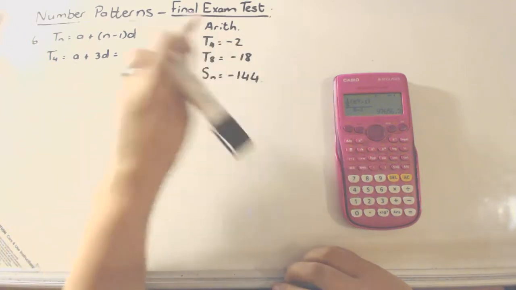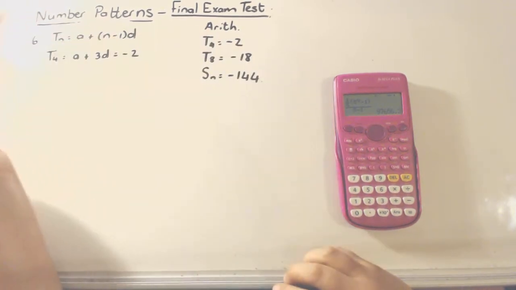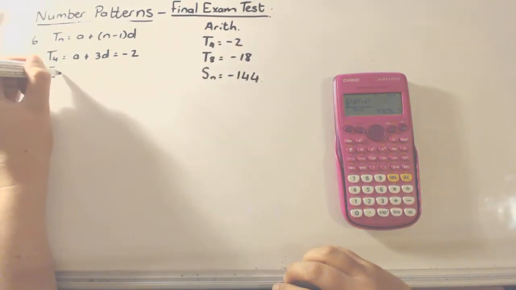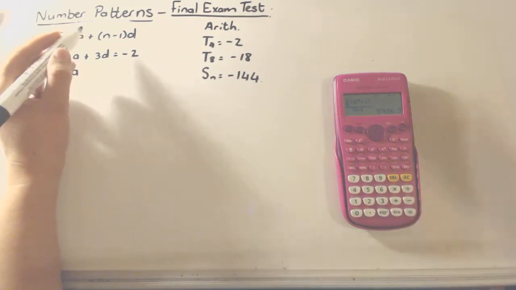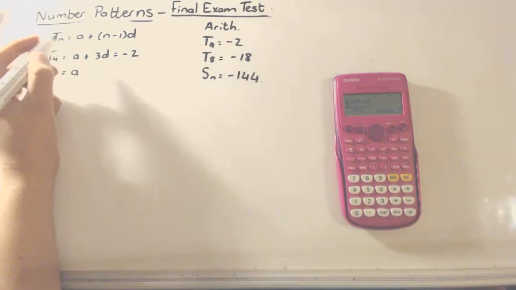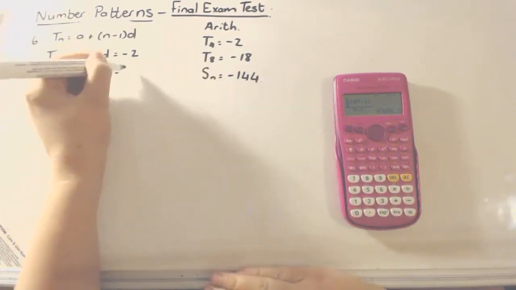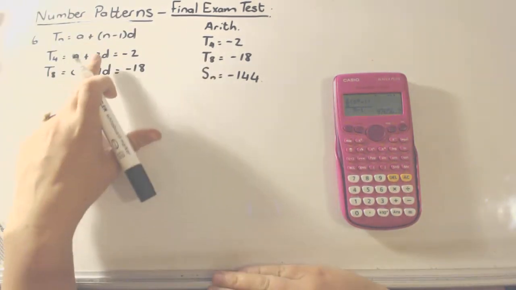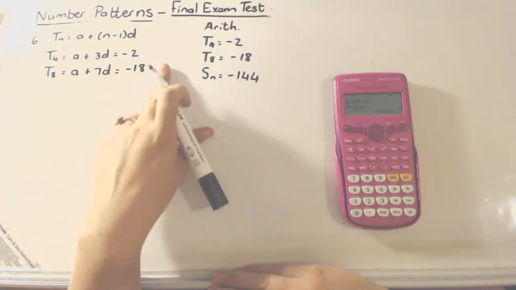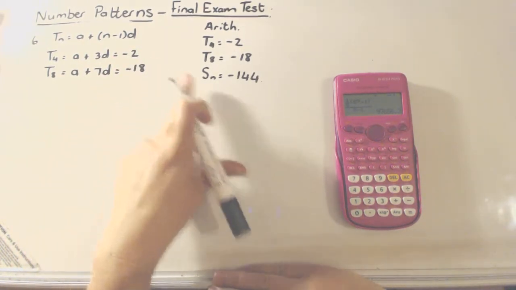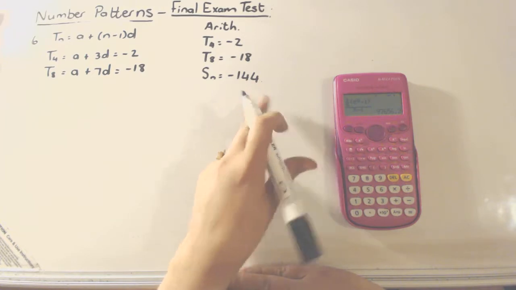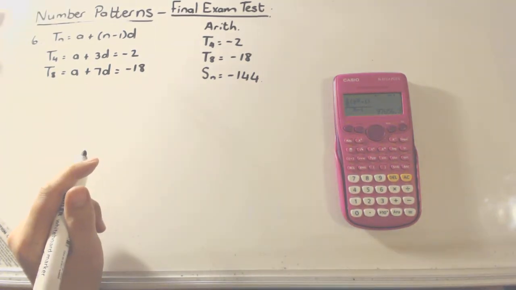And they say that that is minus 2. And my 8th term will be a plus 8 minus 1, which is 7d, and they say that that is minus 18. Now I must go do simultaneous equations with this and substitute it in there to find the n.